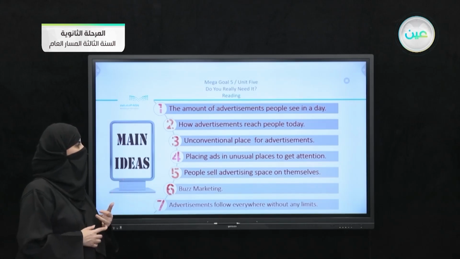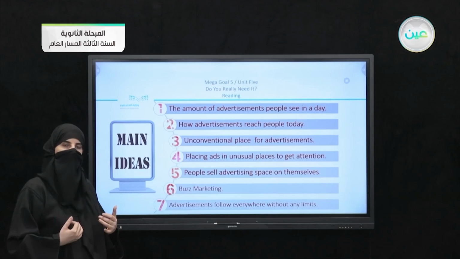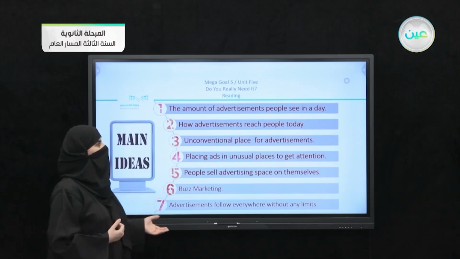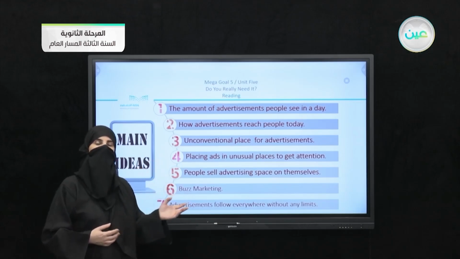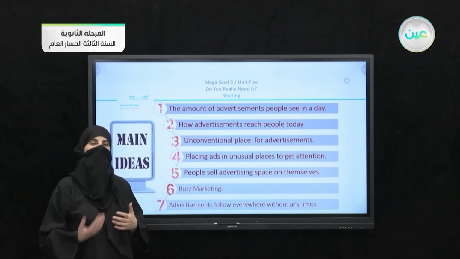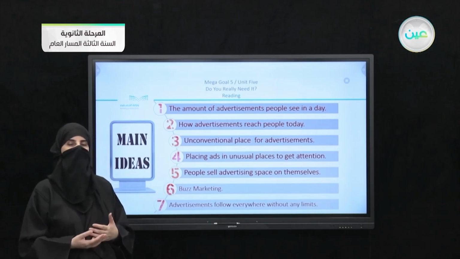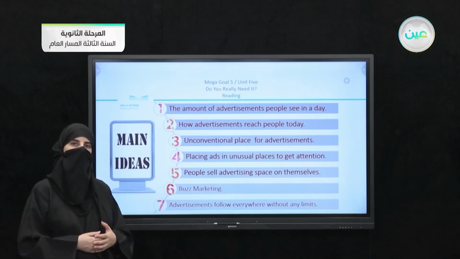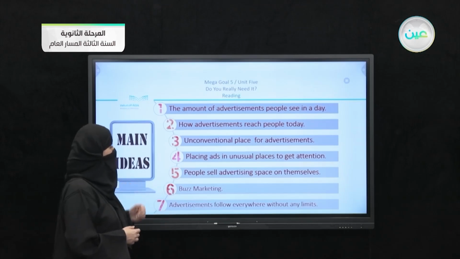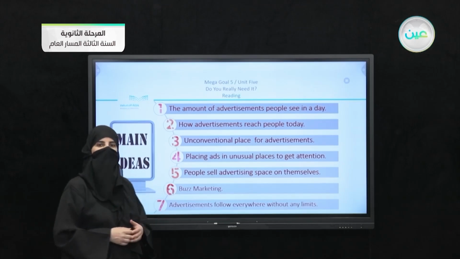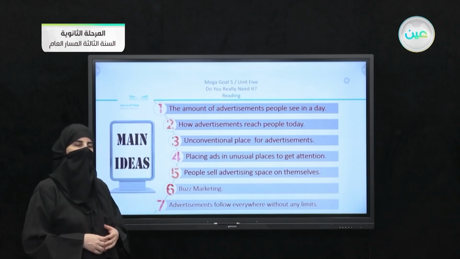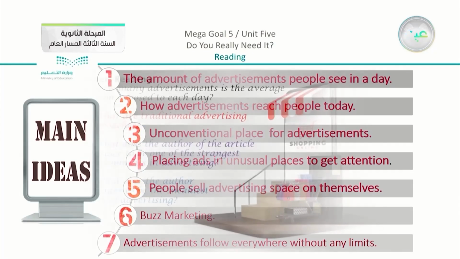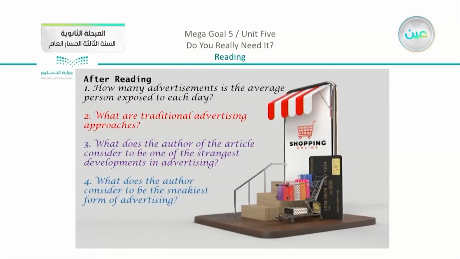People sell advertising space on themselves, and we have here buzz marketing. Now you can see that we have a lot of details here about different methods or ways that are used for advertising. And we closed with the last part, which is advertisements follow everywhere without any limits. So we have here the ideas completely for the reading passage that we have in the book.